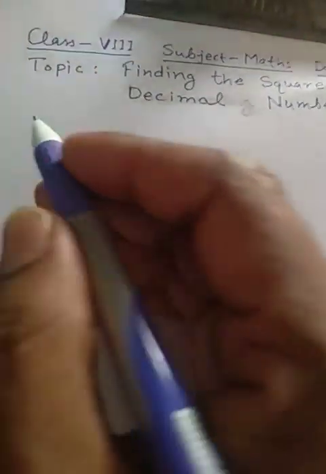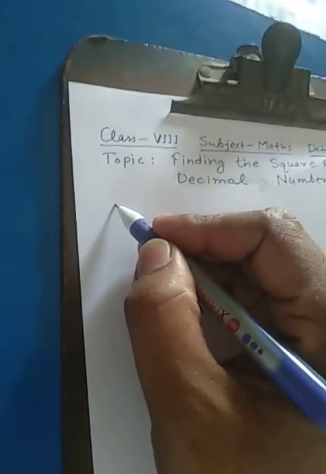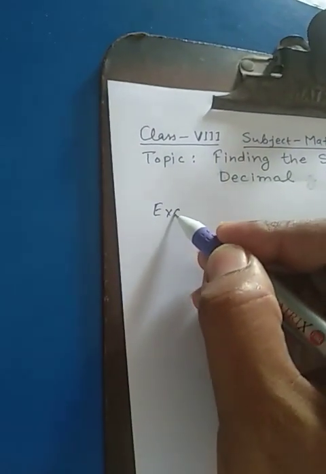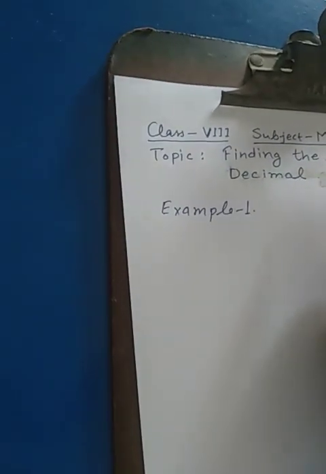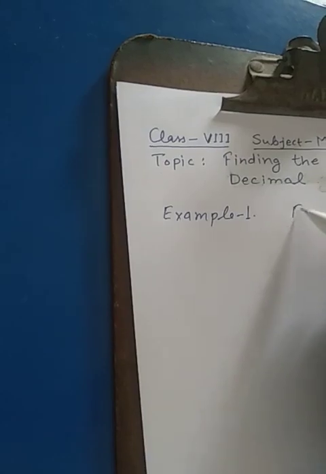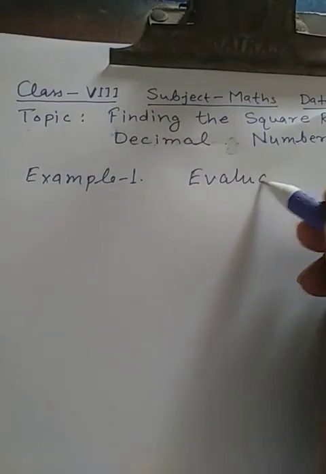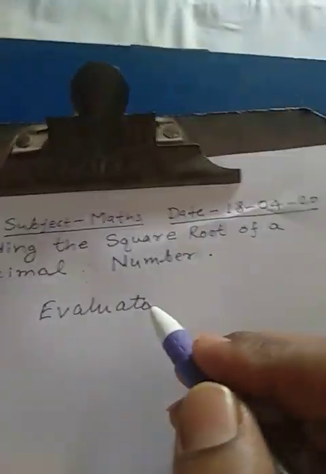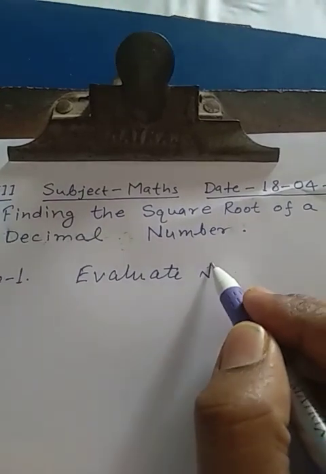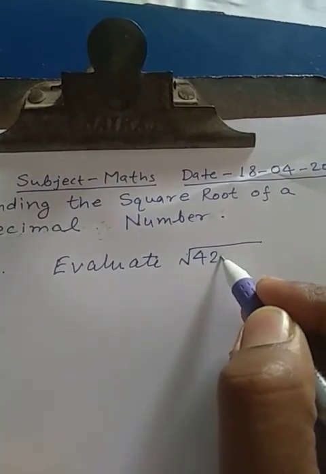I am taking here an example. Example number 1. Evaluate the square root of 42.25.